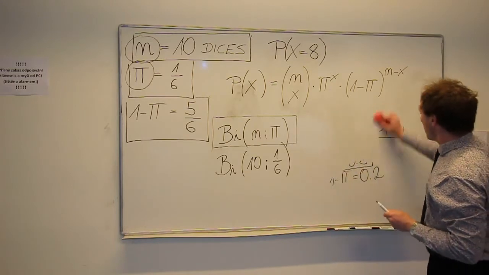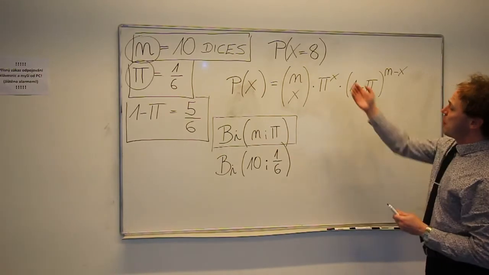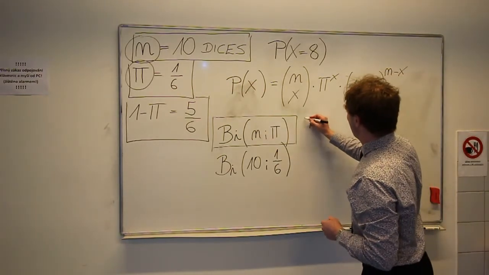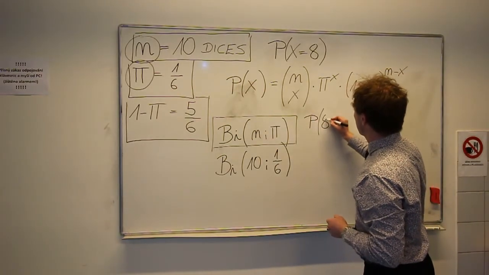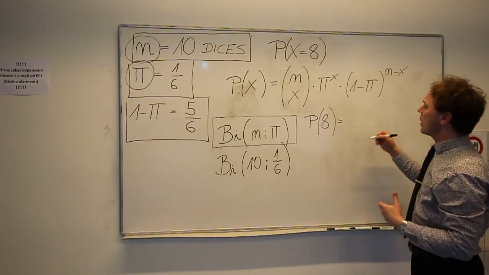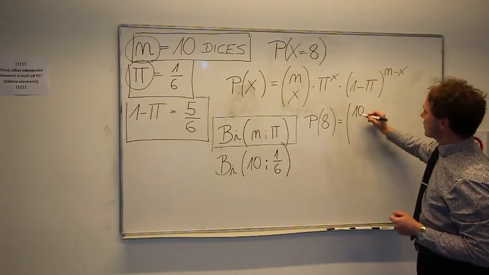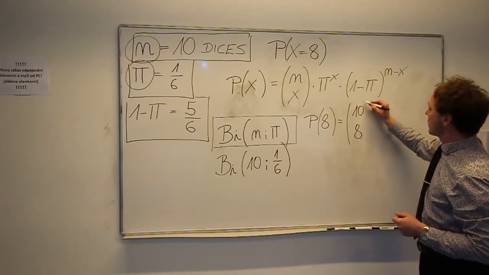So now this is the same. I will use this probability function and calculate the probability that random variable x will be equal to 8. In our situation this will be 10 above 8, yes?